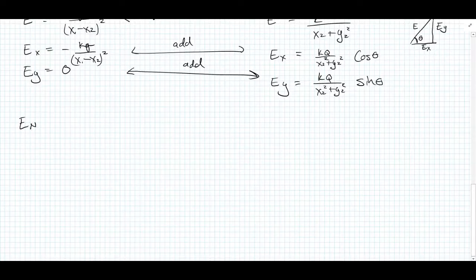Alright, so the net field then, let me say E sub n for net, and this is the x component of the net field. It's going to be kq over x2 plus y2. So this is the x component of the field from the sphere, and then I'm going to add the x component of the field from the point charge, and that has a negative sign in it, so that's why this becomes subtraction here.